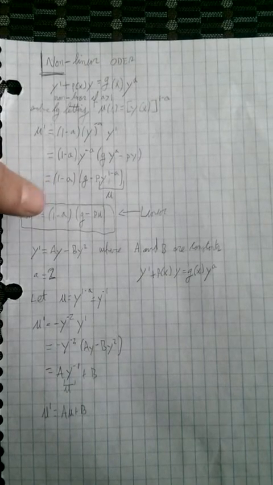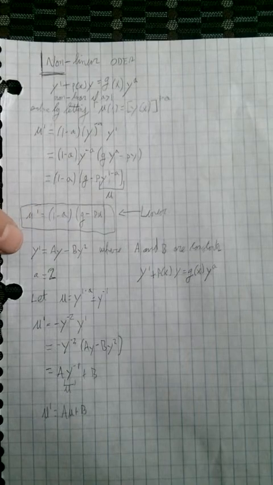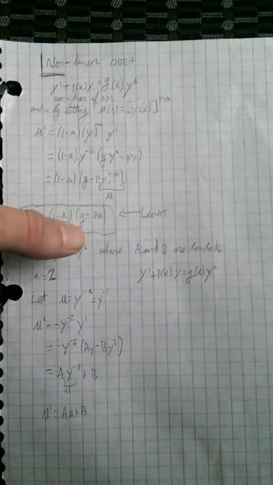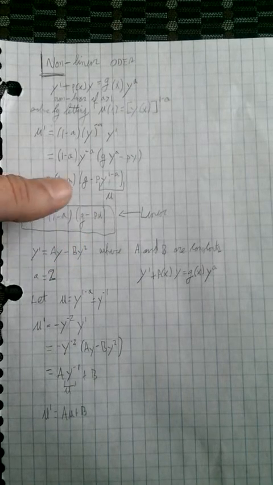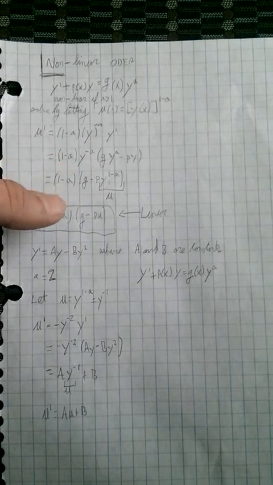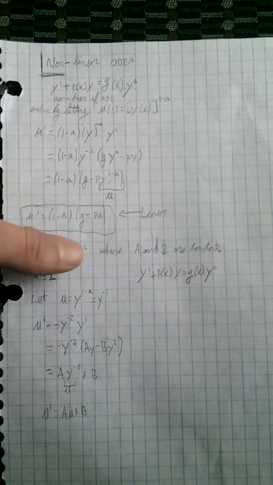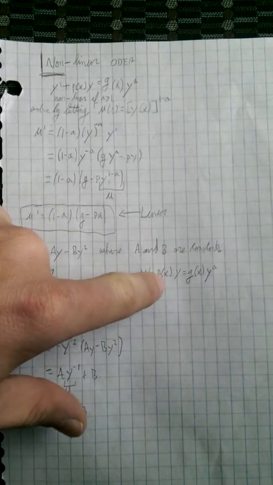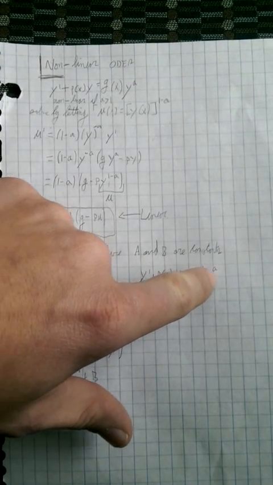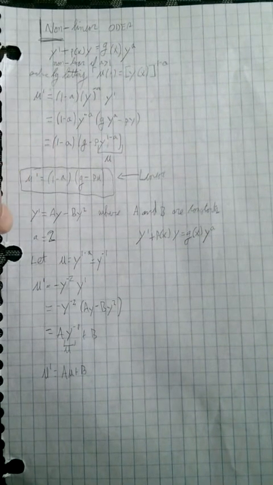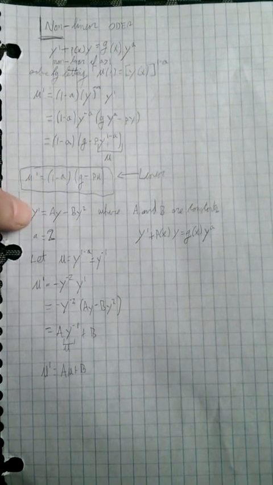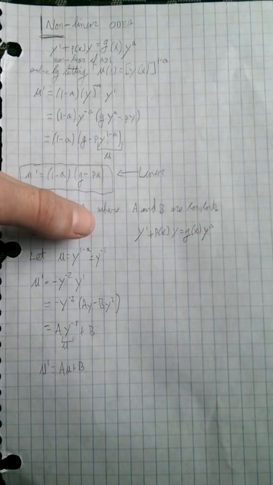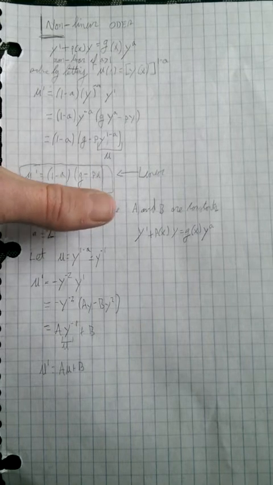So then, as an example, you solve for y prime equals a y minus b y squared, where a and b are constants. Here we'll just say a equals 2. Then you let u equal y to the 1 minus a, which equals y to the negative 1.